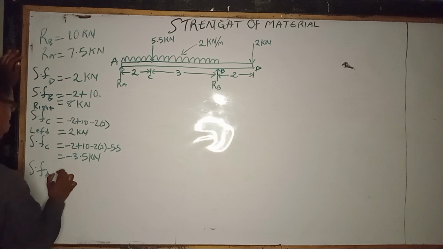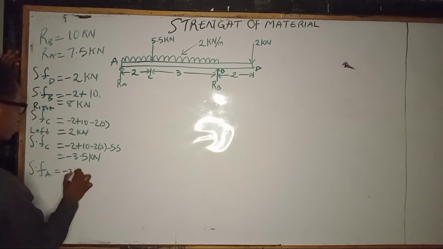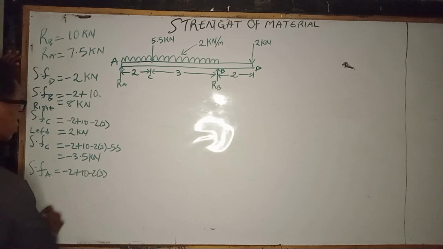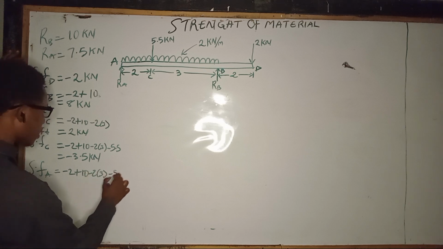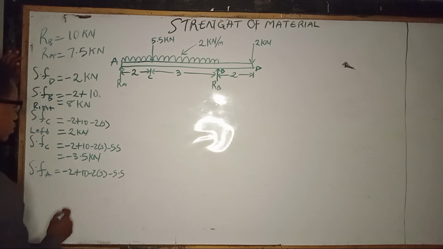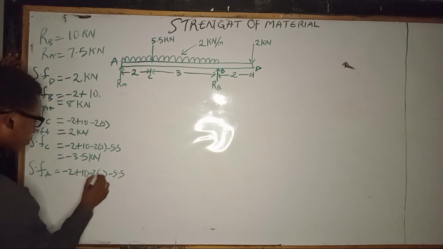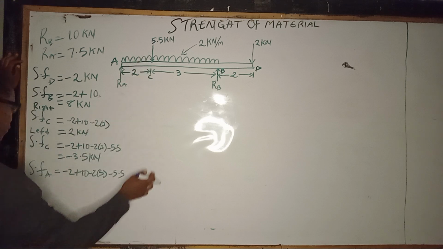So our shearing force at A will be equal to minus 2 plus 10 minus 2 times 3 minus 2 times 3 minus 5.5. No, not minus 2 times 3. Minus 2 will go over the entire span. That is minus 2 times 5, then minus 5.5.